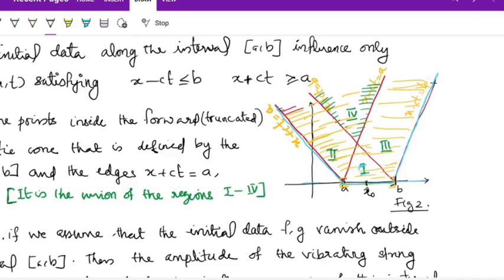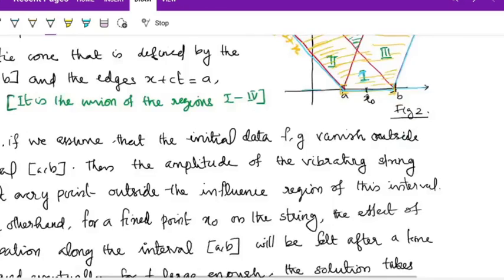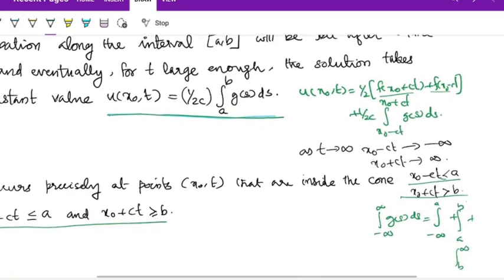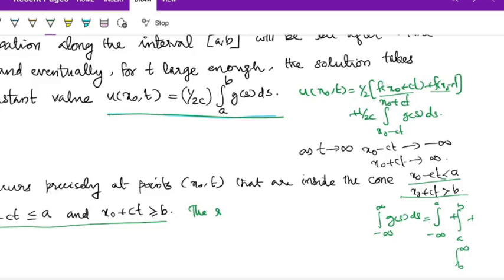That means these are the points inside region 4, or region 4 includes these points.